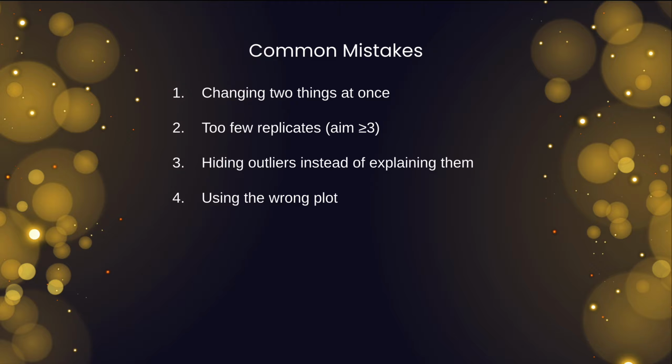Another thing is hiding outliers instead of explaining them. You're not always going to get perfect data, and it's better to highlight your outliers and explain why you think this occurred. It's more beneficial to your research than just outright ignoring them.